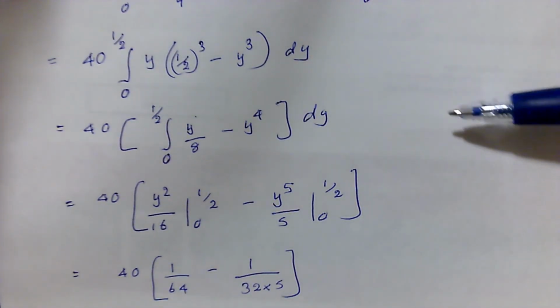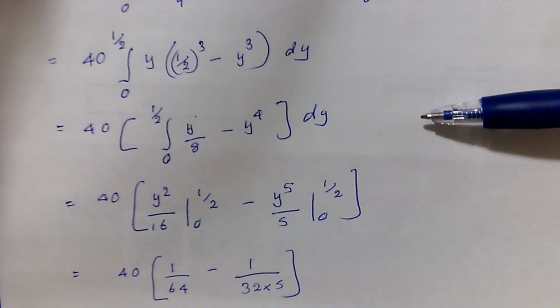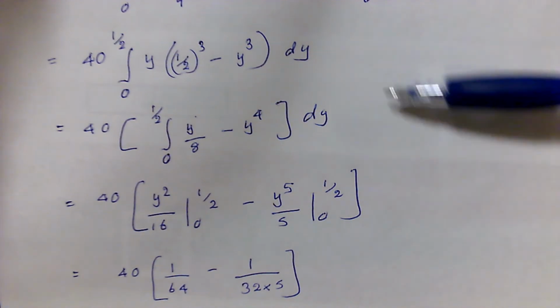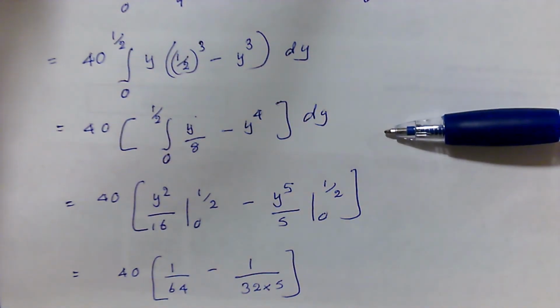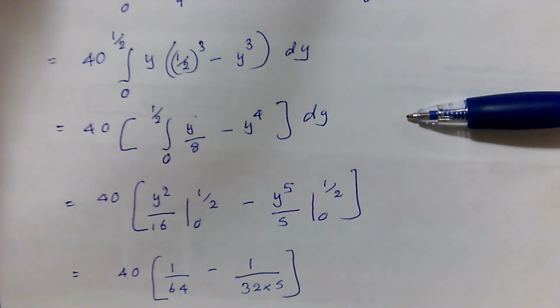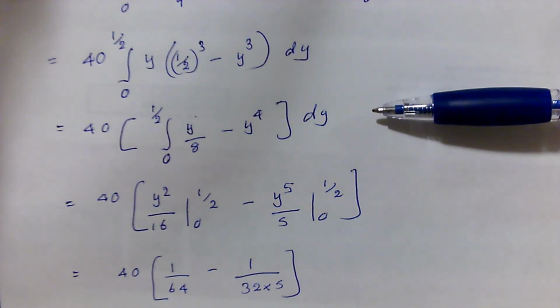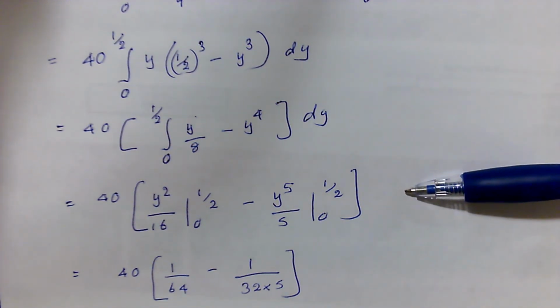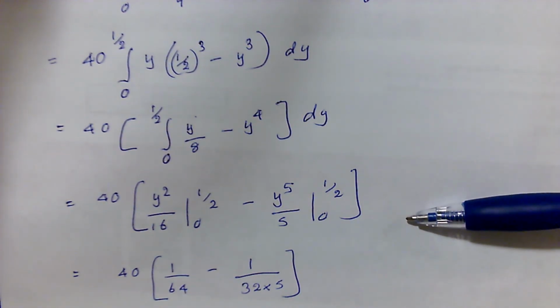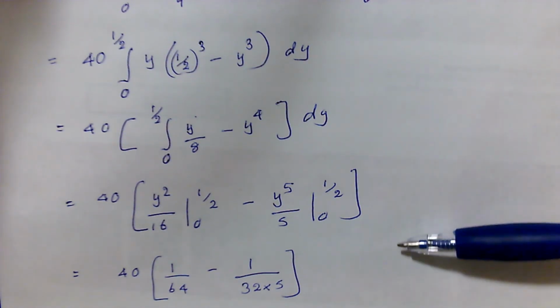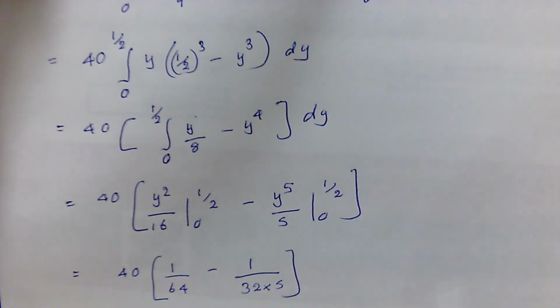First you can simplify this expression as this, then the integration of y over 8 minus y to the power 4, and when you take the integral, it will be equal to y squared divided by 16 minus y to the power 5 divided by 5. Now when you substitute the limits, it will be equal to this one.